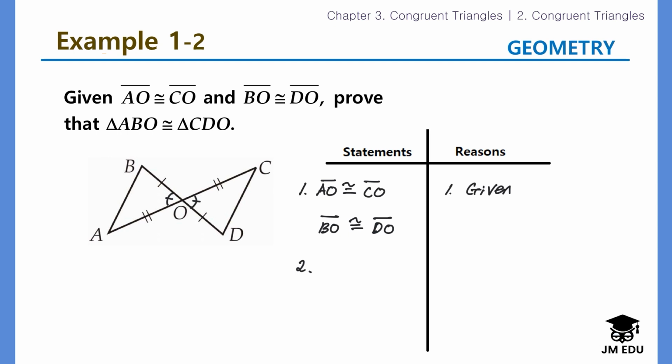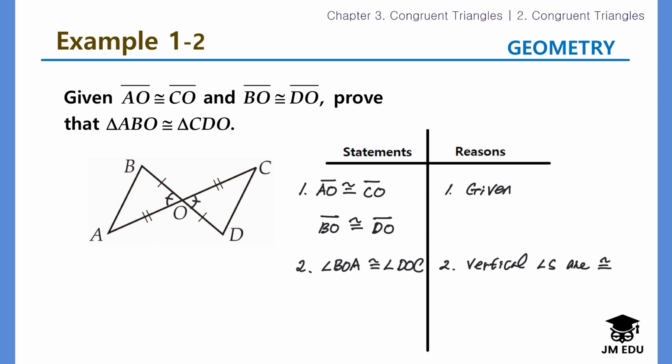We learned in chapter 2. So we can say that angle BOA is congruent to angle DOC. The reason: because they're vertical angles. Vertical angles are congruent.